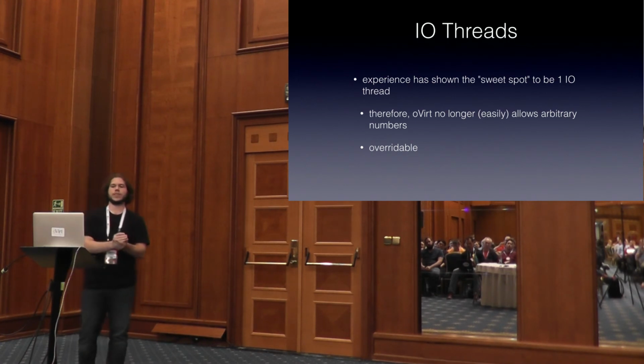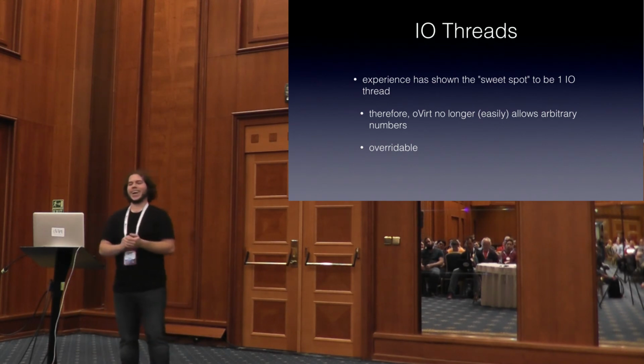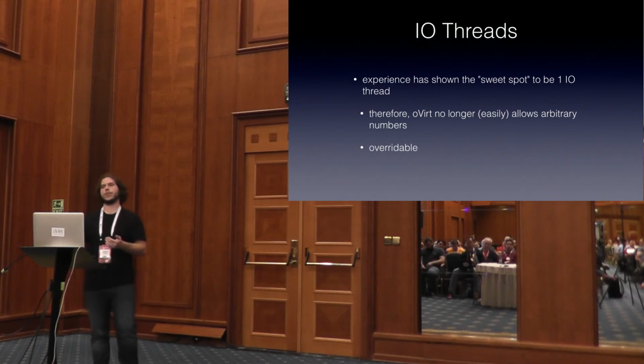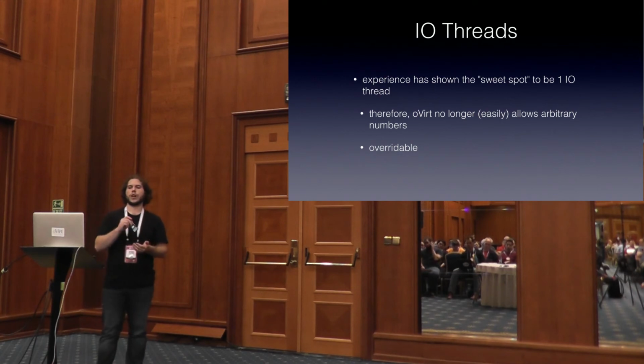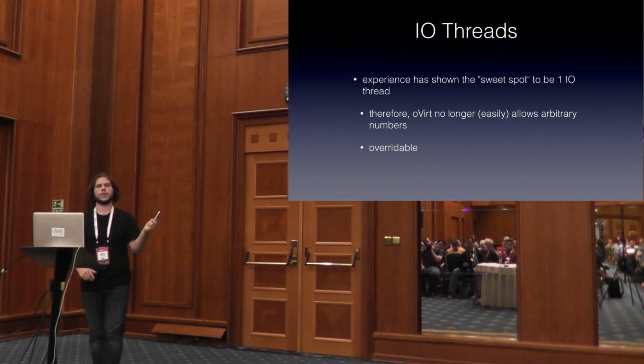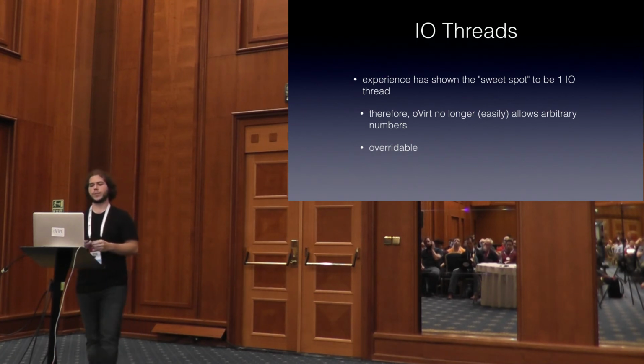I don't want to say that one I/O thread is ideal in every case. That would be bad, I guess. But in the UI, so in an easy to configure way, we don't allow people to configure arbitrary numbers. On the other hand, since there are definitely workloads where this can make sense, this has to be overrideable.